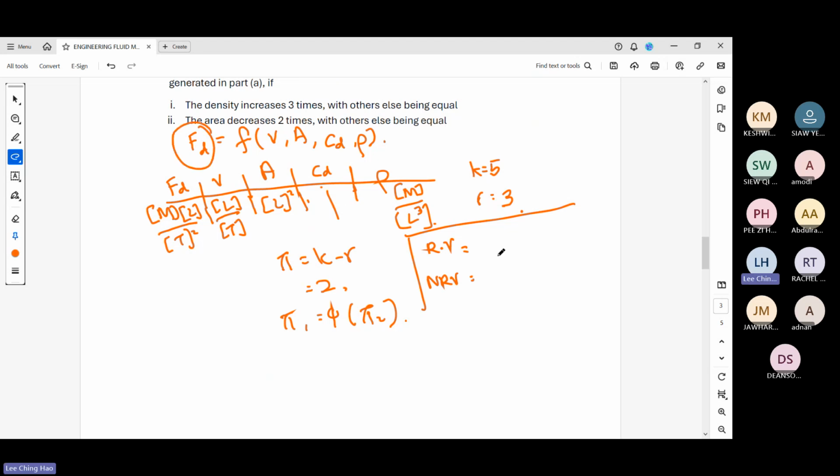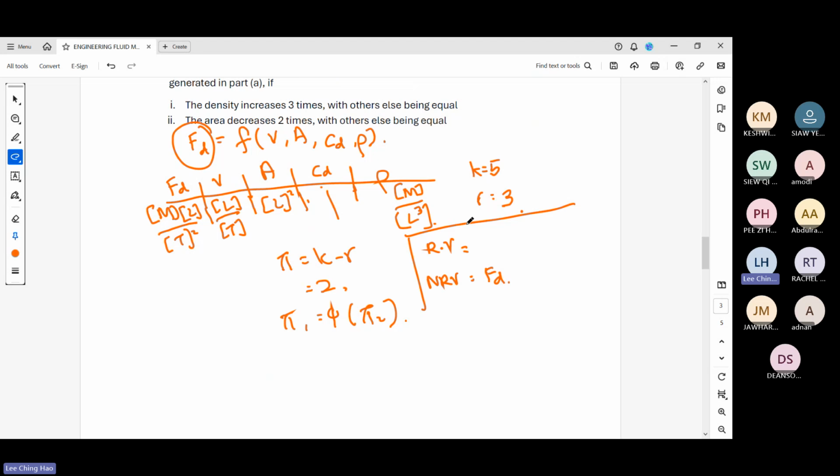The first one must be the first non-repeating variable. You cannot choose, like it or not. The second one you cannot choose until you select all the repeating variables. How many repeating variables do you need?